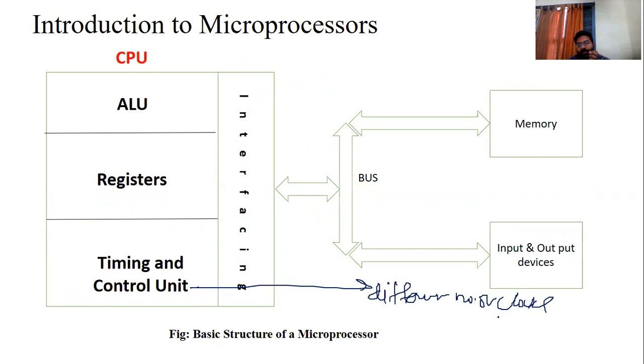I said in the previous classes, I spent one class on this timing and control unit. It is connected to each and every component present in the CPU, as well as outside the CPU, the memory and input output devices, so it can control them by sending a fixed number of clocks for that operation.